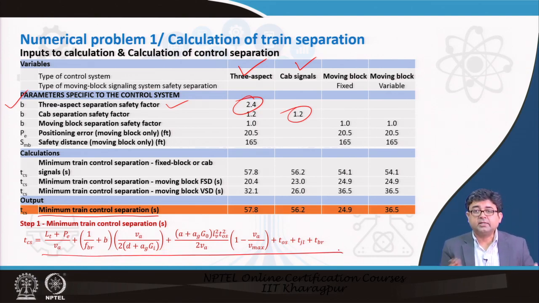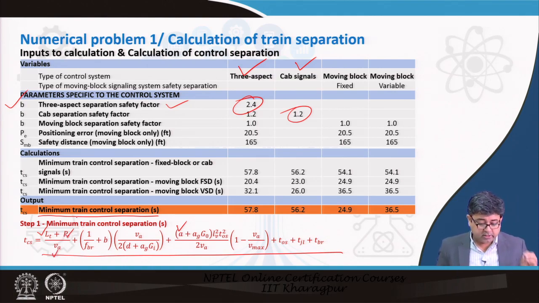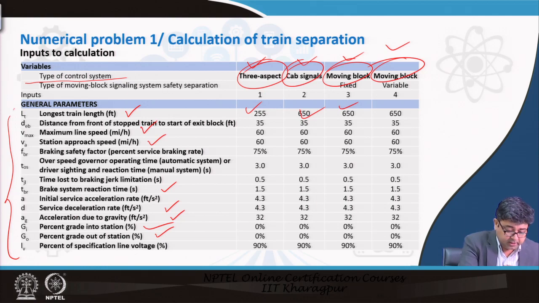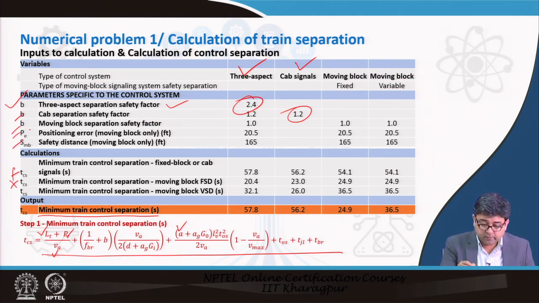Like I said again, do not get intimidated by the length of the formula, they are not very complex. The values have already been given as input parameters. Just go through each of these input parameters here, and also the input parameters here, these you have to calculate, but these input parameters right here, insert them for each type of control system.